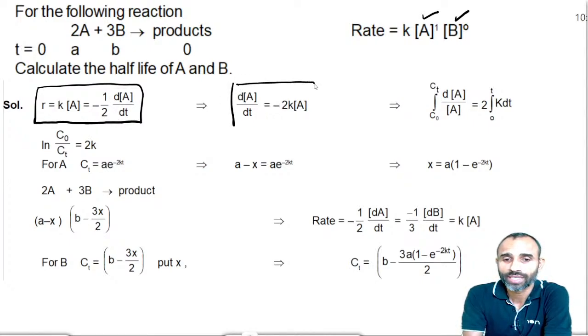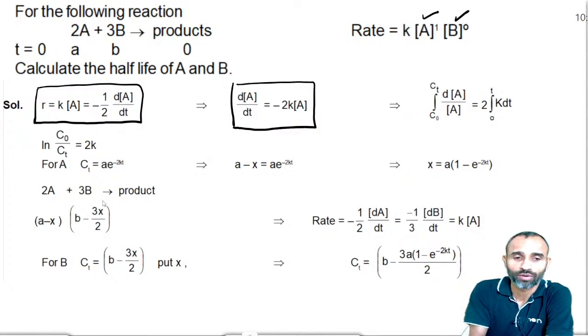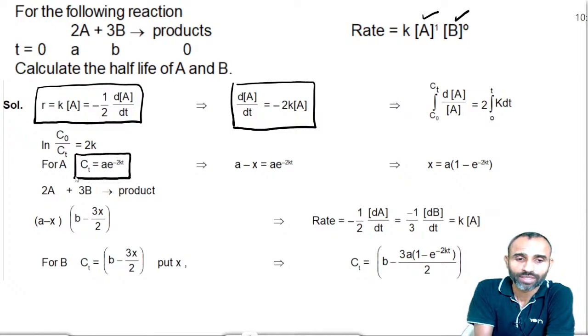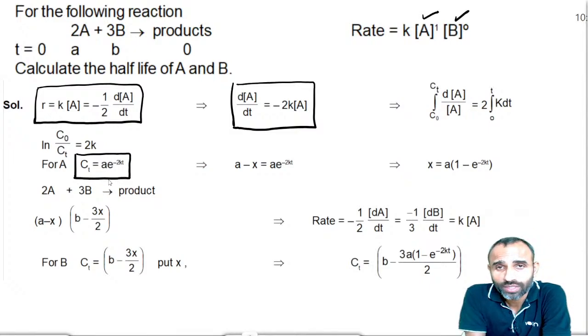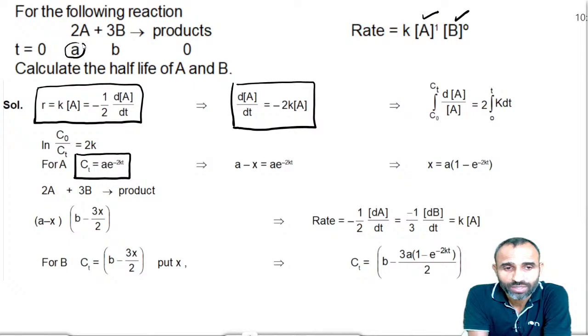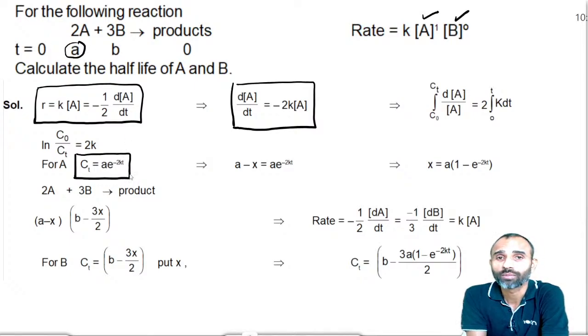dA by dt equal to minus 2kA, and overall for A, it comes out to be A naught, the initial concentration, times e raised to power minus 2kt.